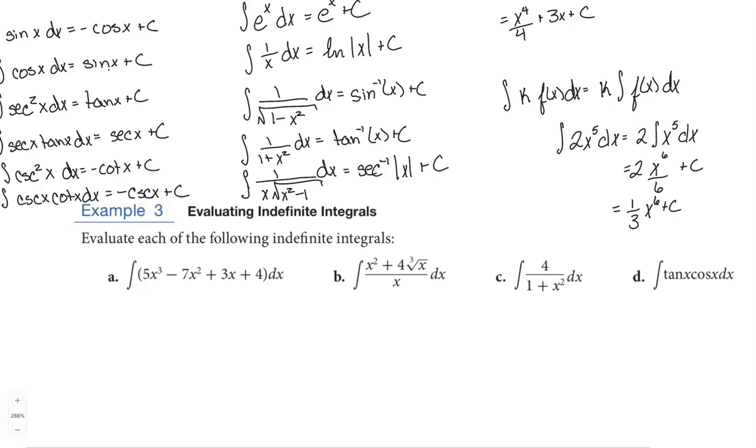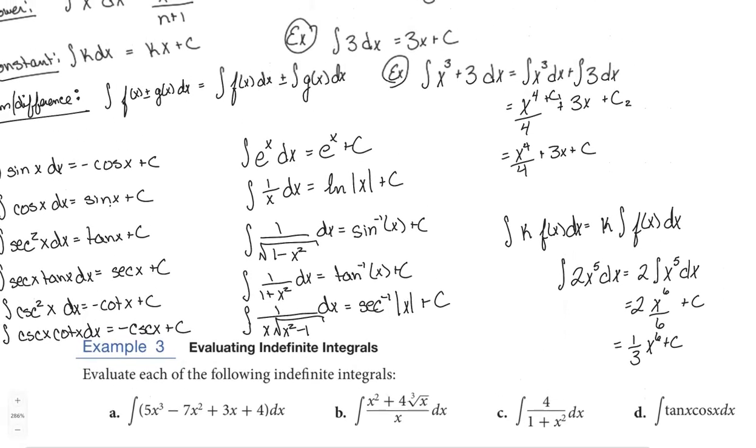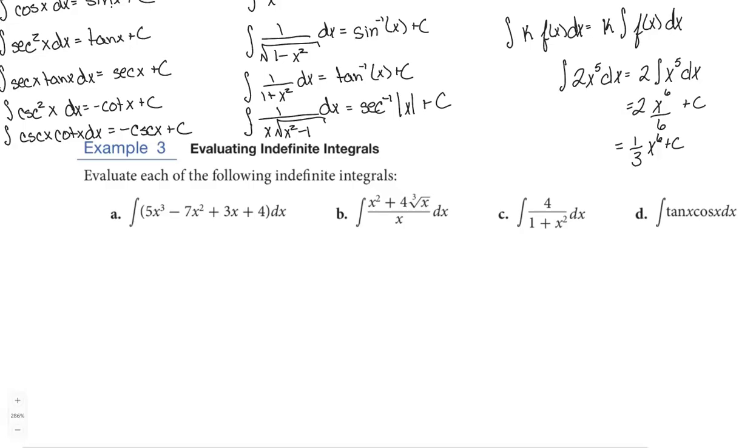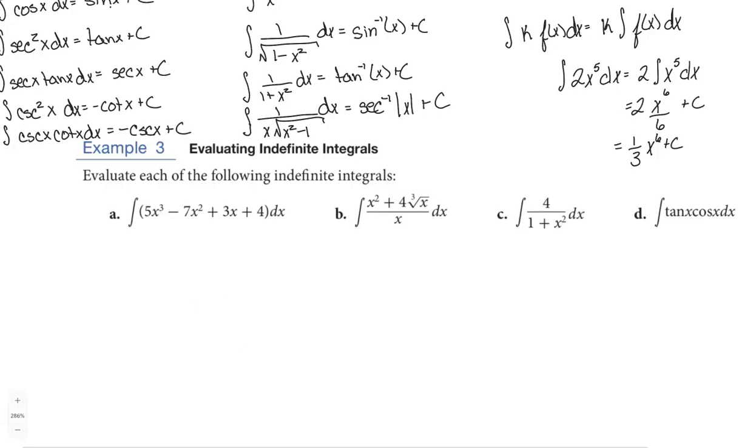We can think about pulling that 2 to the side, that number that's in front, and then adding 1 to the exponent, dividing by the new exponent. We're going to use that same information here. So it's going to be a combination of that rule with that sum and difference rule up here. So let's look at that. If I want to integrate 5x cubed, I'm thinking about bringing that 5 to the side. I'm going to add 1 to the exponent of x and divide by the new exponent.